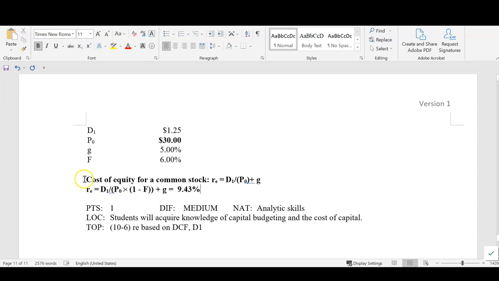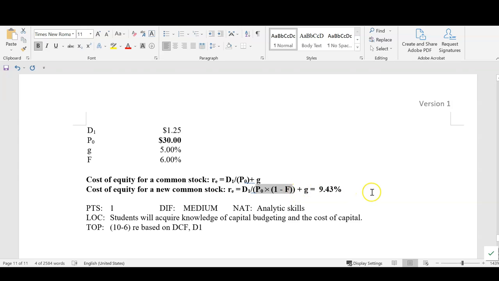So the cost of equity for a new common stock would have to add the flotation cost here. We know that the stock price will decrease because of the new issue. So P0 should be multiplied by 1 minus flotation cost.